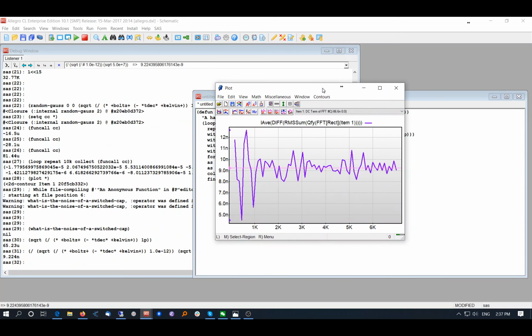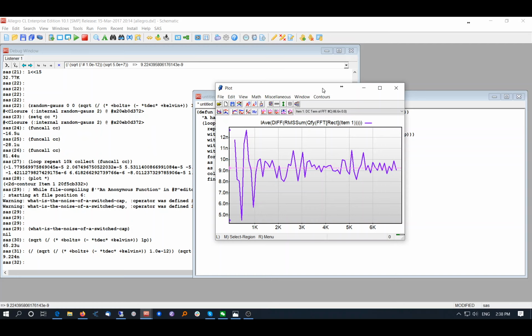So when we have an A to D converter system that is running at 100 megasamples per second with a 1 picofarad capacitor, we may be scared when we calculate the kT over C noise. Oh my goodness, it's 64 microvolts. Wow, that's big. But when we analyze it a bit more, we see that that noise represents 9.22 nanovolts per root hertz. So that's a number that I'm much more accustomed to dealing with, 9.22 nanovolts per root hertz.